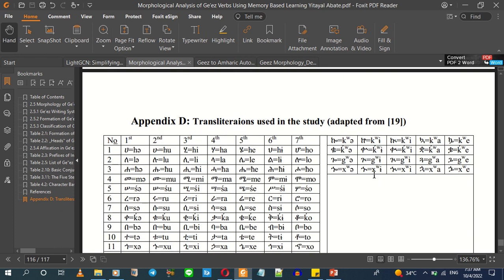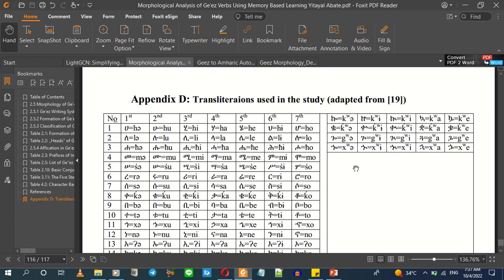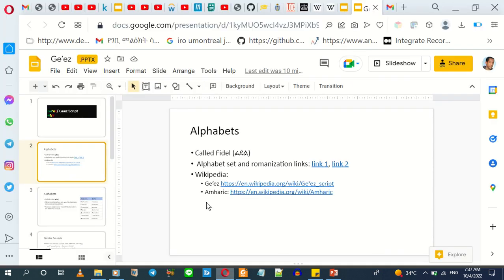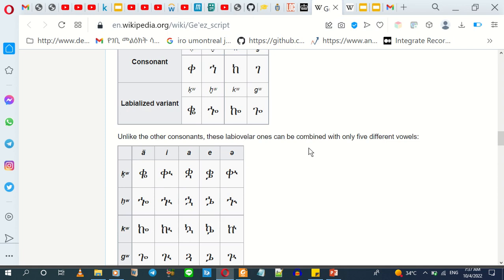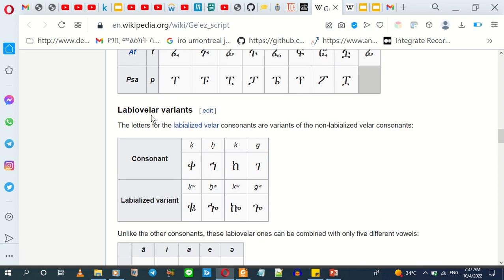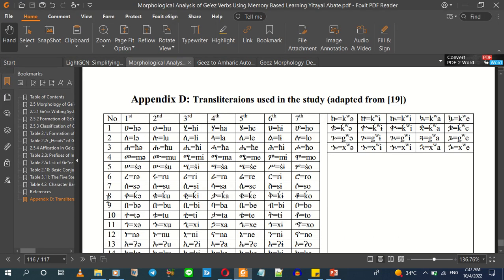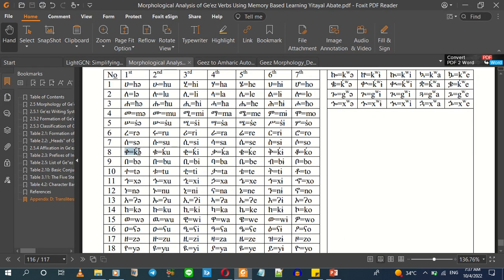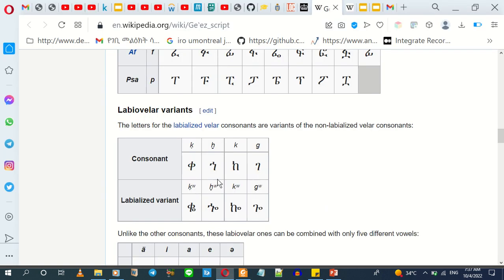And there are some additional characters here. For these we can refer to Wikipedia, which explains them as labiovelar variants. These are the regular consonant characters, and from these we obtain the labialized variants.